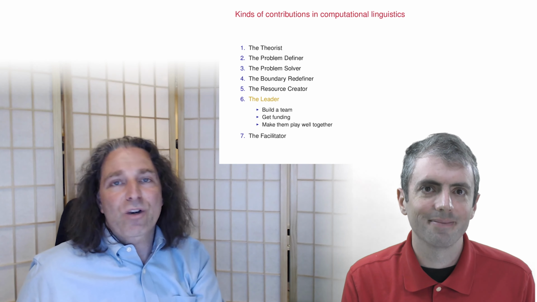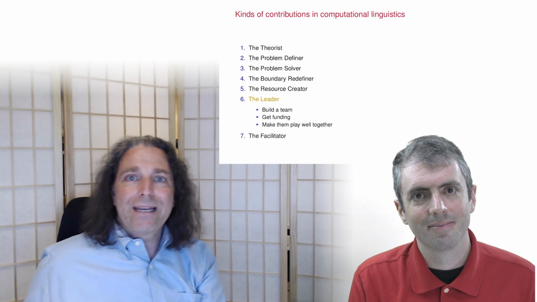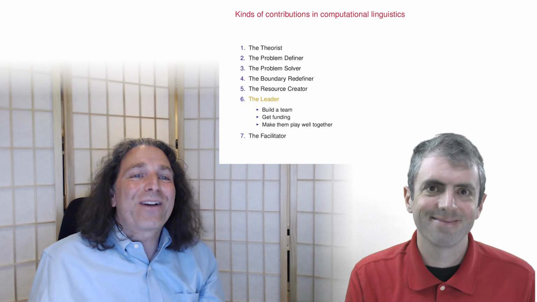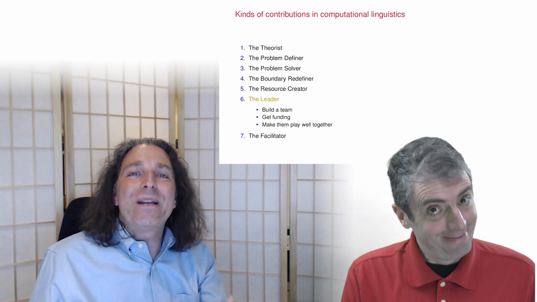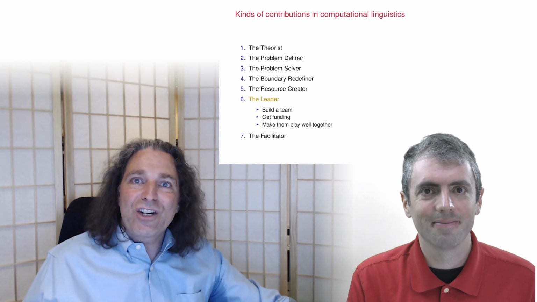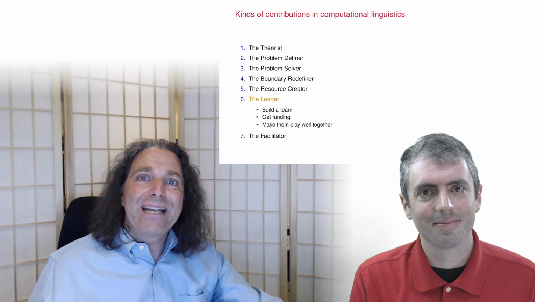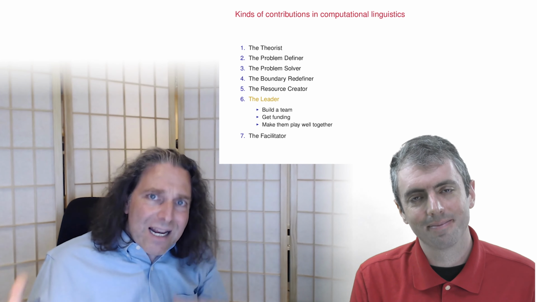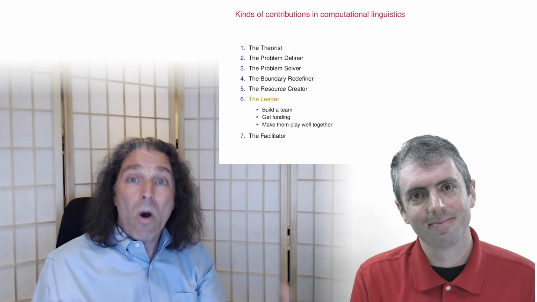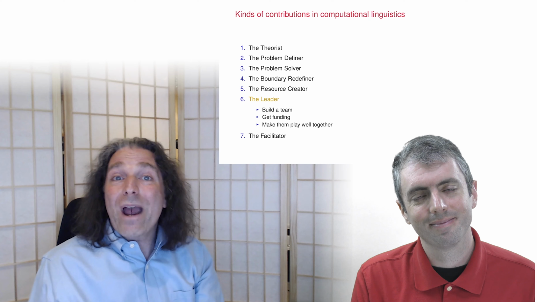One that comes to mind is Chris Manning at Stanford, who is a superb researcher in many of these other categories, but he's also been an enormous leader when it comes to building and managing a group that is producing a steady stream of contributions to the community as a whole, and doing so in a way where these things all play together.